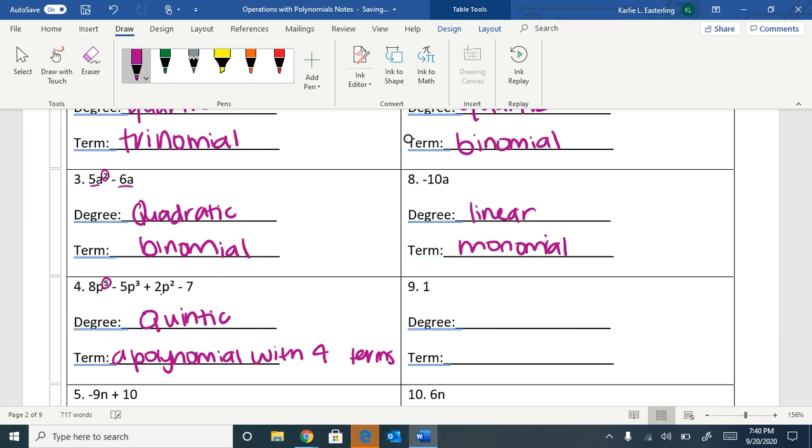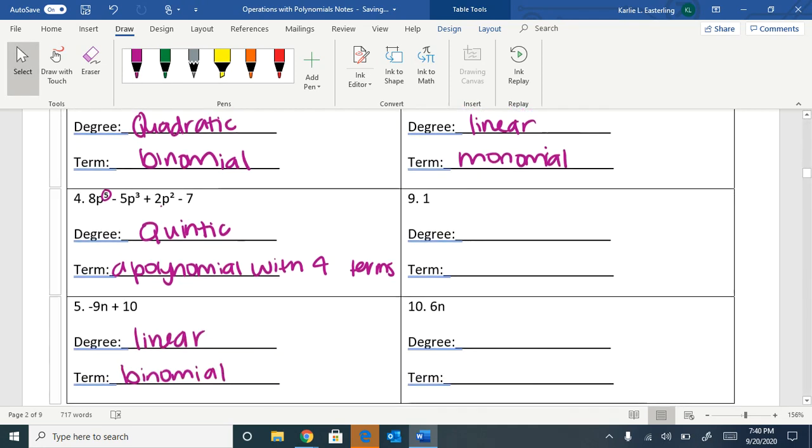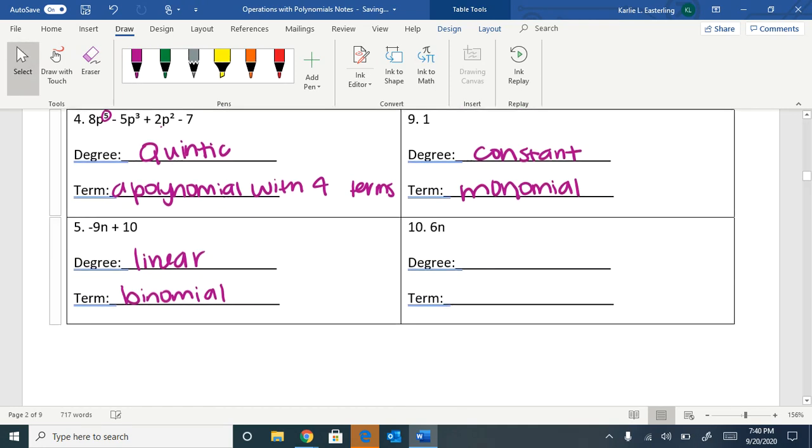On number 9, we are looking at a constant because all we have is that number. And we are looking at a monomial again here as well. And then finally, our last one, that's 6n, we are looking at a linear degree, and a monomial term.